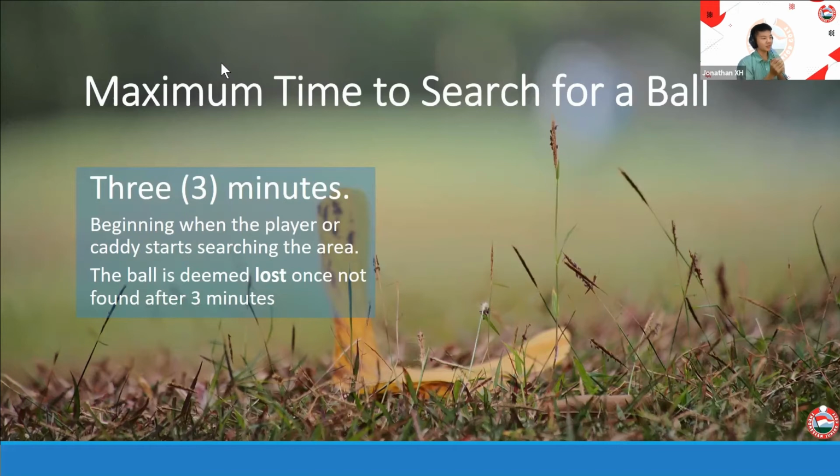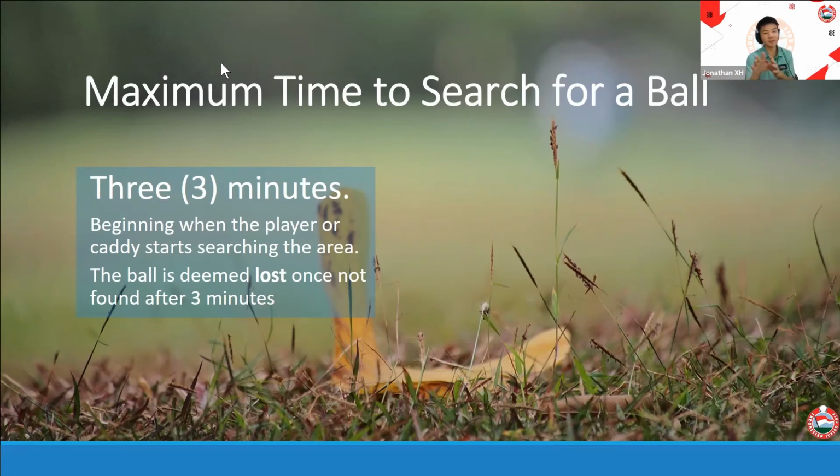And if that ball turns out to be the wrong ball, you're gonna be DQ'd. So in this exact case, I would suggest you play 2 balls. It's the safest way to play the provisional ball if you don't feel like arguing with the committee. You can just play the provisional ball and you will not have a chance to be DQ'd.